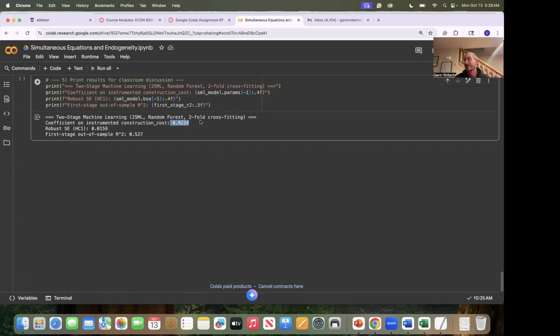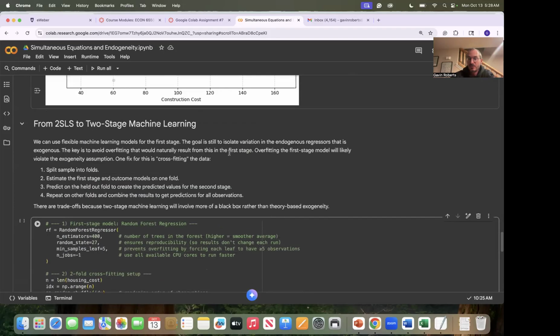It's easy to see here because it's a simulation, and this coefficient is sitting between our very biased OLS1 and our better 2SLS1. We're just bringing through some of the endogeneity from the simulation because the random forest algorithm doesn't know we simulated this data using just a linear model. So it's not doing as good of a job as the linear model at getting the exogenous part of the variation out.